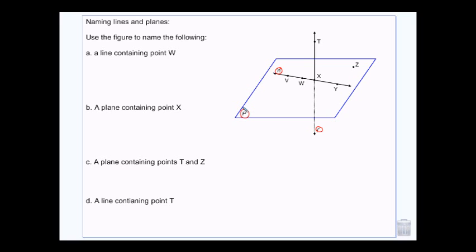That's not the only way to name them, though. We can talk about a line containing point W. That's this line here. We can call it line N, like that. But we can also name it with any 2 letters that are on that line.